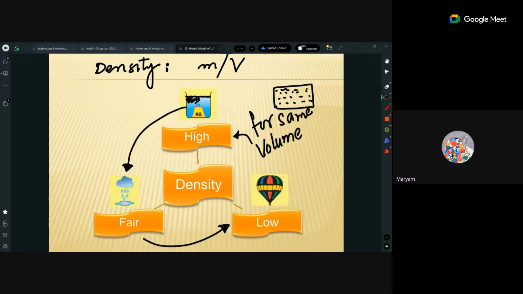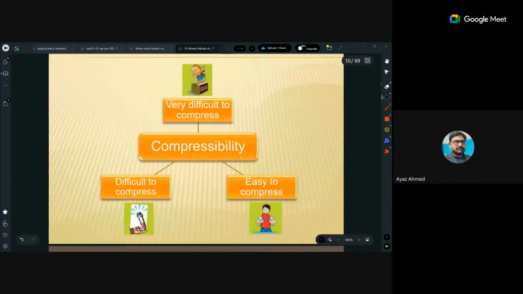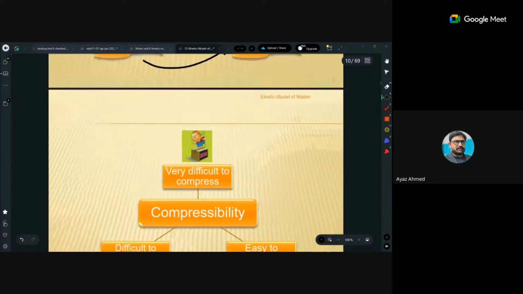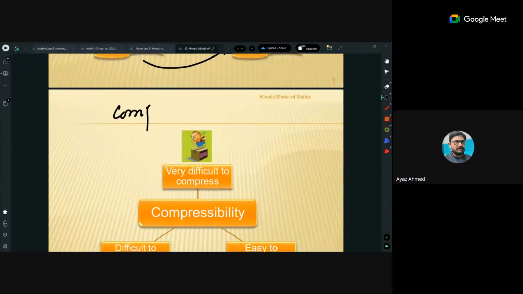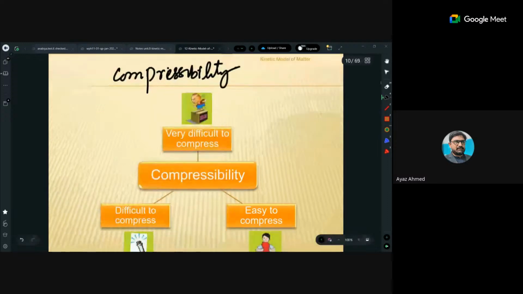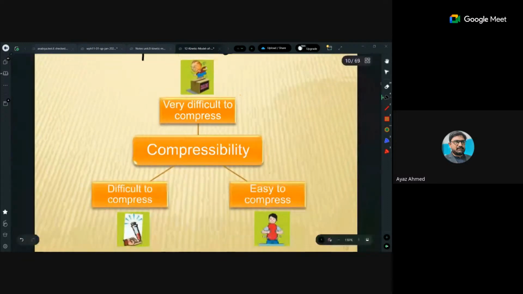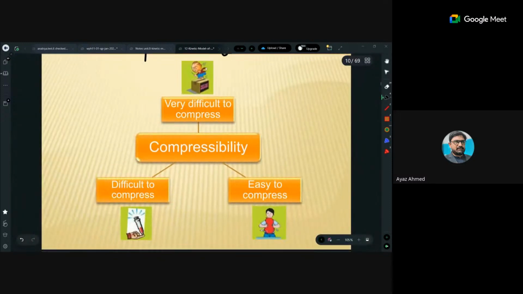Yeah. Okay. So the next is their compressibility. This is basically related to their compressibility. When we say that solids cannot be compressed because they are close packed, we cannot compress them more, right? They're very difficult to compress. Then liquids are also difficult to compress.